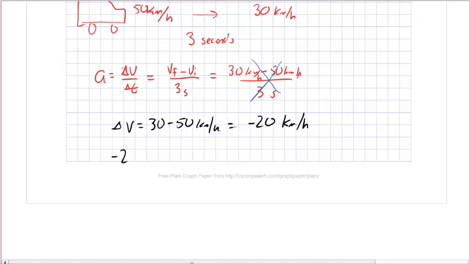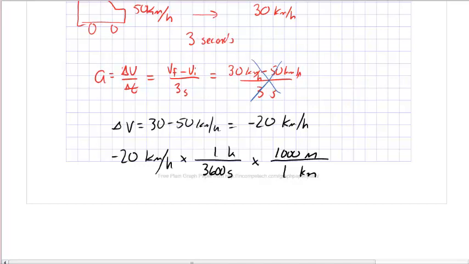So if I take negative 20 kilometers an hour times, now convert hours into seconds, so I put 1 hour on top, and in 1 hour there are 3,600 seconds. And then I want to convert kilometers into meters, so 1 kilometer on the bottom and 1,000 meters on top.